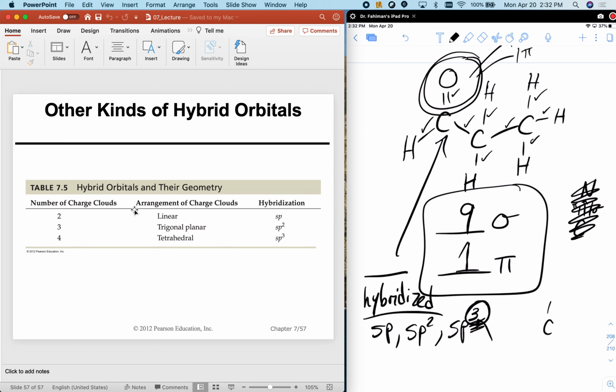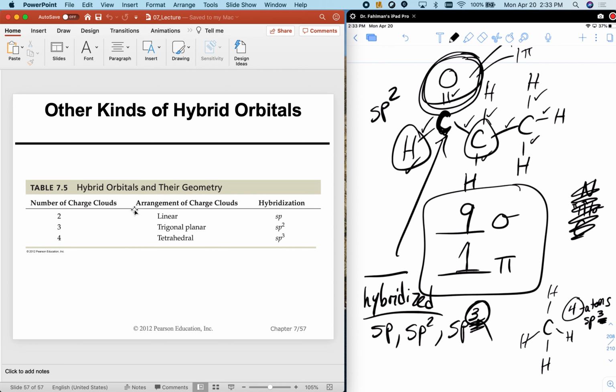So CH4, the central carbon, was bonded to 4 atoms, which means that it's sp3. If you look at this carbon here, it's bonded to 1, 2, 3 atoms. So that means it'll be sp2 hybridized.